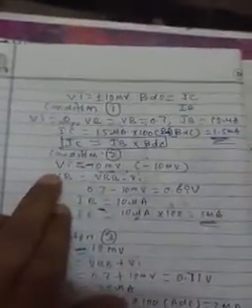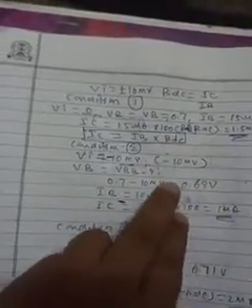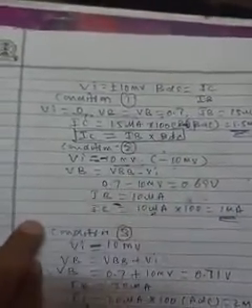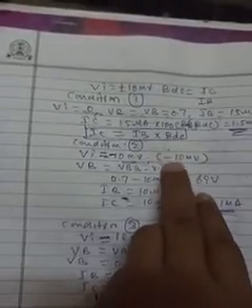So condition 2: we have the input minus 10 millivolts. Now the input applied is AC, alternating, meaning positive and negative half cycles. This is the negative half cycle, minus 10 millivolts.